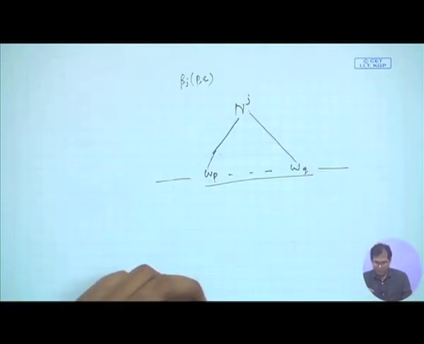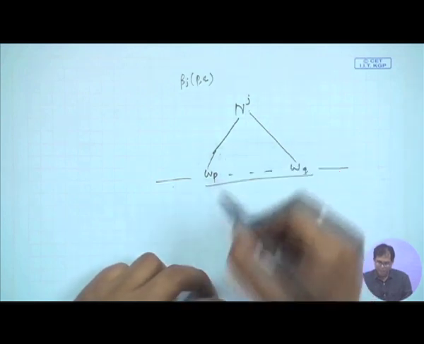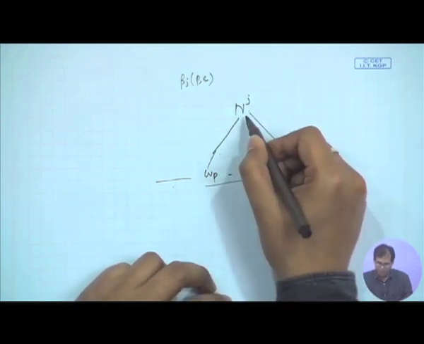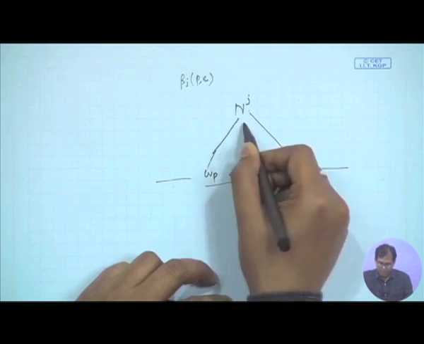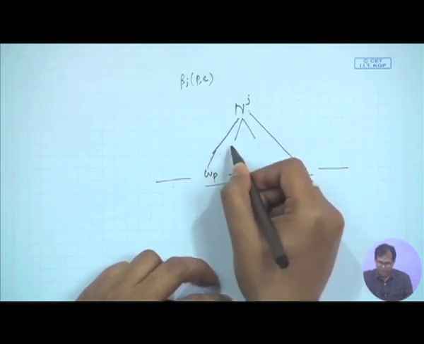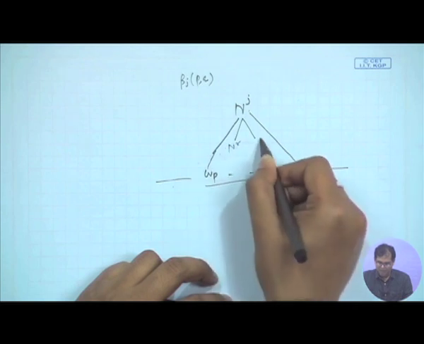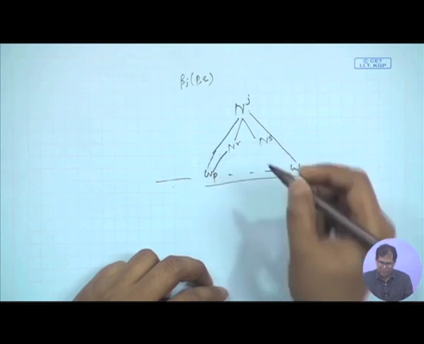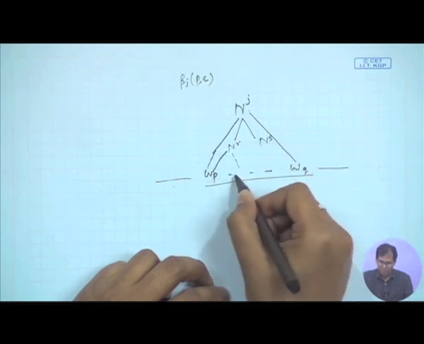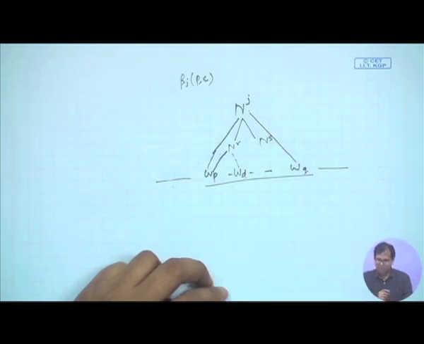Because I am doing it in a bottom up fashion, I have to use the lower values. So, I will first say N j can give me some N r and N s. Now, N r will derive from w p to some w t. It is a very generic case.